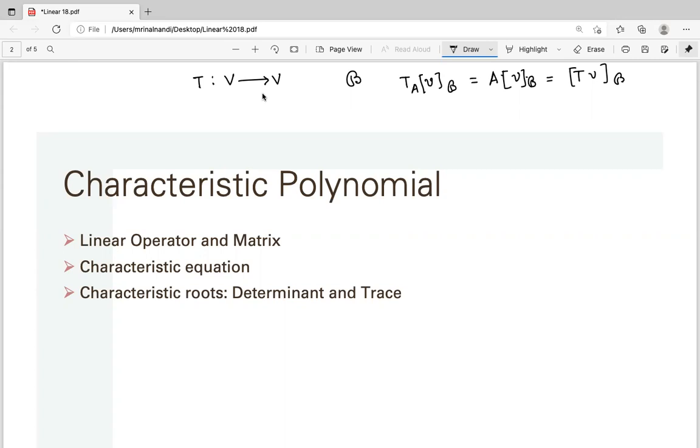But if the vector space is infinite dimensional, there is no question of a corresponding matrix for a linear transformation. But we can still generalize the idea of characteristic polynomial for a linear operator.